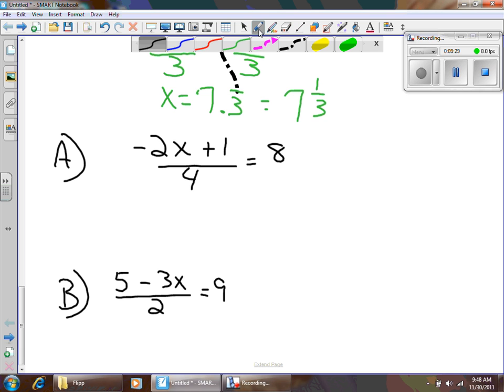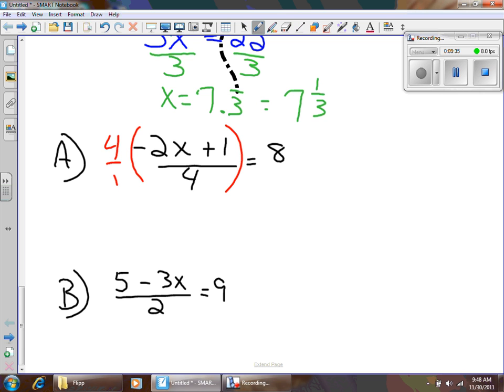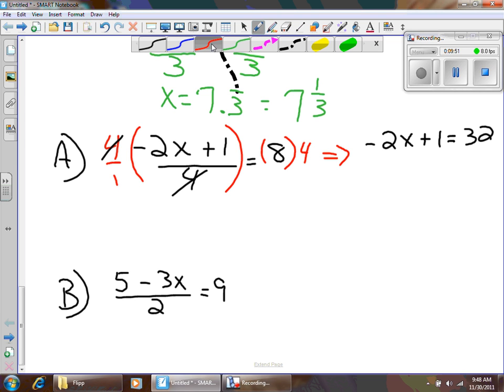Okay, I'm going to work through the solutions now. I'm assuming you've already watched. The first thing I'm going to do is multiply each side by 4, giving me the equation -2x plus 1 equals 32. The 4's cancel. Now I just have a two-step equation. Saddam tells me to get rid of the addition first.